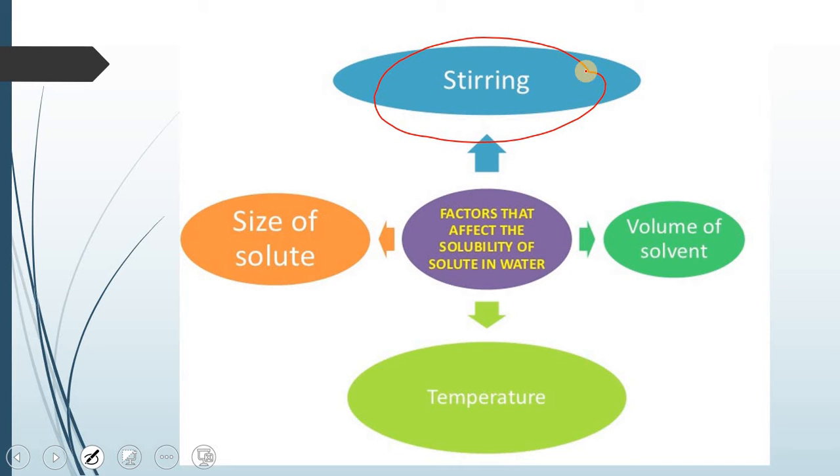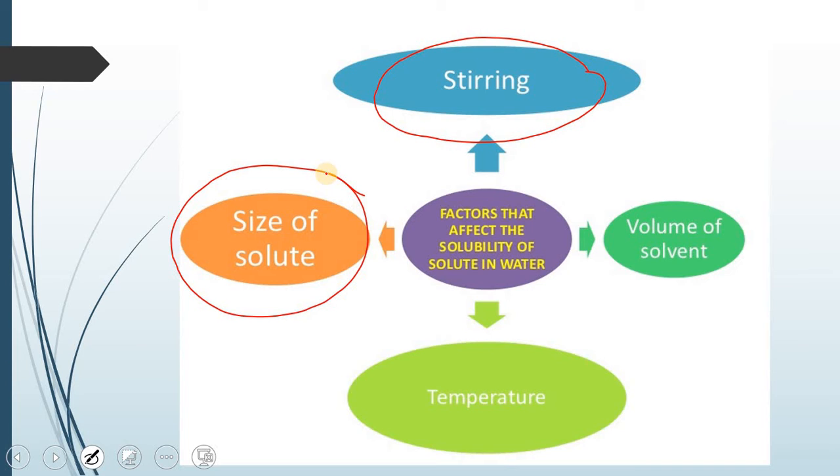If you make a drink, a tea or a coffee, and you add in the coffee particles, the water and also the sugar, if we stir them faster, that means the rate of solubility will increase. If you stir them slower, then it will take much longer for the sugar and the coffee to dissolve in the water.